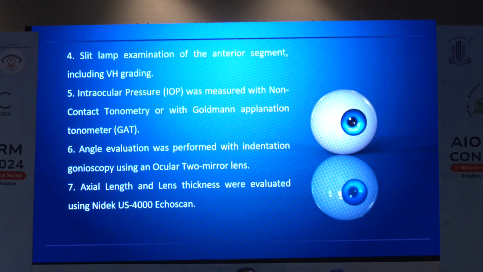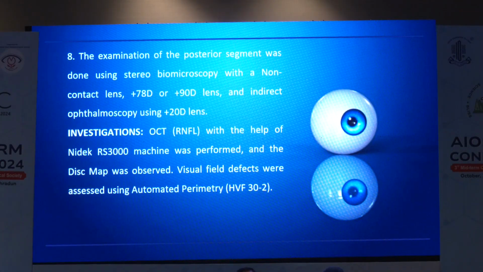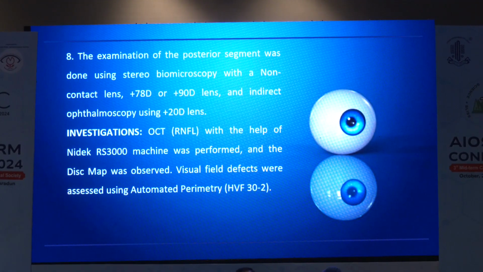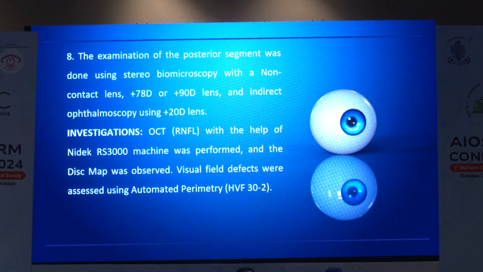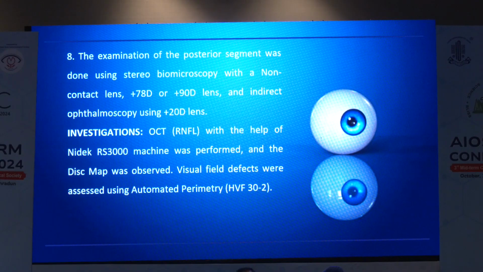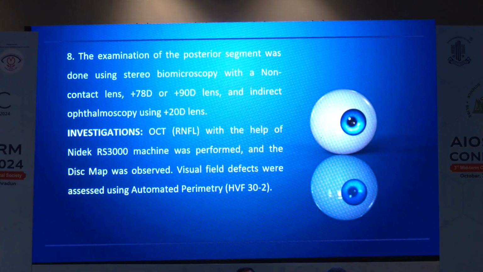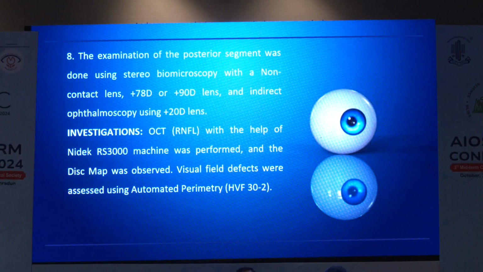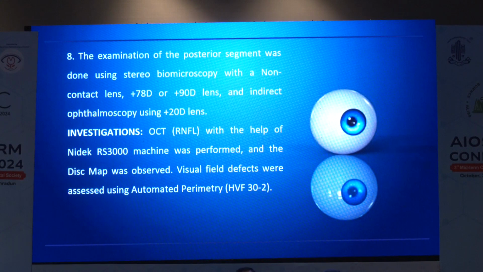Axial length and lens thickness were also evaluated. Posterior segment examination was done using non-contact stereo biomicroscopy with 90D and 78D lenses, and indirect ophthalmoscopy with a 20D lens. OCT and visual fields were performed for patients who consented.